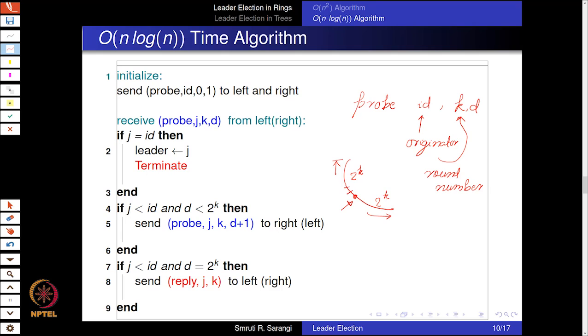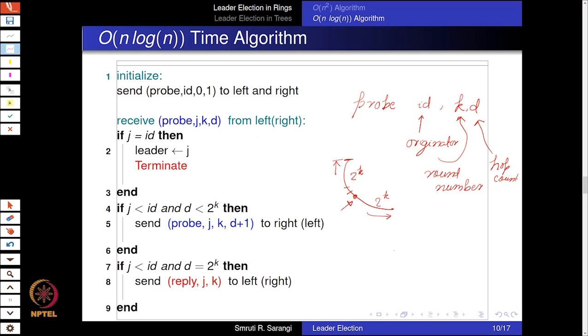And as I move my message, my hop count increases. So the last field over here is the hop count. And if I receive a message, I propagate it in the same direction. If it's going counterclockwise, I send it counterclockwise. If it is going clockwise, I send it clockwise until I reach the end of this window.